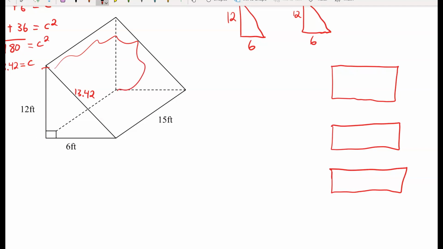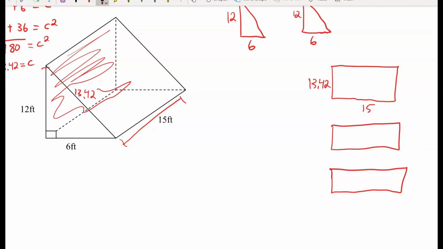If we say we're doing this top here, we're going to have a width of 13.42 and a length of 15. If we were to do this back side here, we would have still a length of 15 and a height of 12.